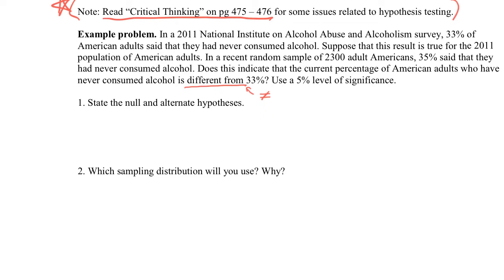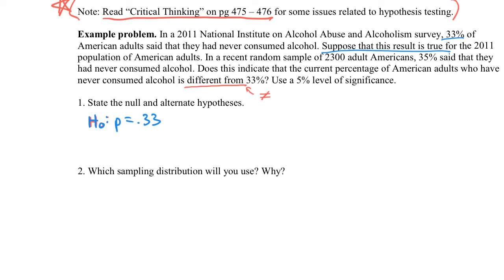To get started here, they want us to state the null and the alternate hypothesis. The null hypothesis is that P equals 0.33, or if you prefer, 33%. That's because they said right up here, suppose that this result is true, 33%.